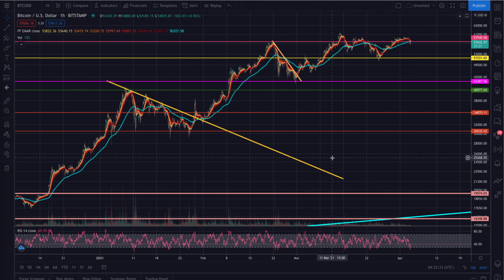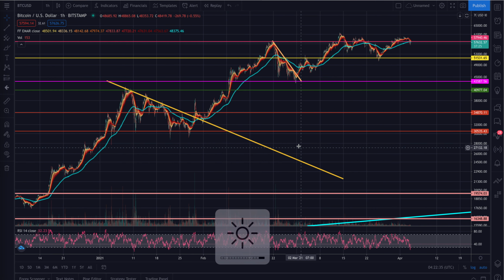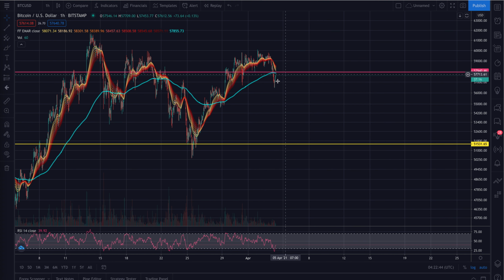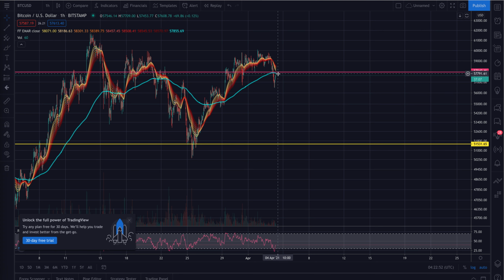For example, on the hourly chart, what we may notice is that right now we were in an upward trend, but now we've broken downwards, and now we are coming up to test this moving average. And if this moving average causes Bitcoin to retrace and roll over, then we would see Bitcoin prices fall into a downward trend and move lower and lower till they hit this resistance at $51,000.